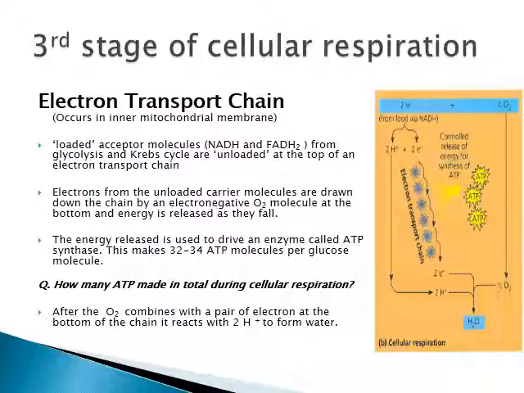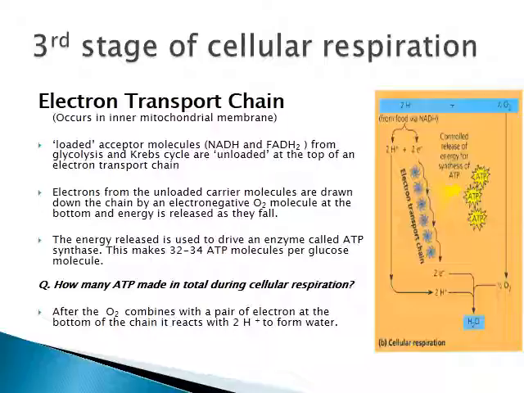So electron transport chain takes place in the inner membranes of the mitochondria. So you could also say in the cristae of the mitochondria, or those little folds of the inner membrane. And electron transport chain is the stage that produces most of our ATP during aerobic cellular respiration.